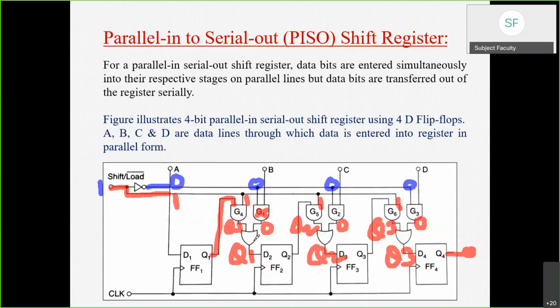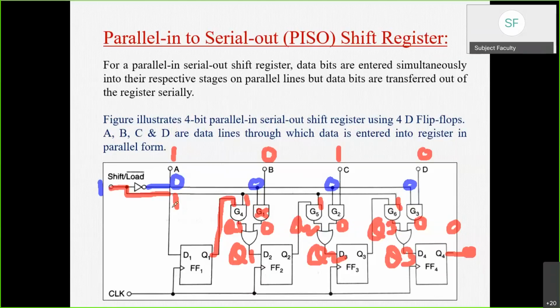That means if your ABCD is, let's assume, 1010, then the first step will be that it is stored on the inputs of all flip-flops, and the second mode will be the transmission mode, that means the shifting mode.